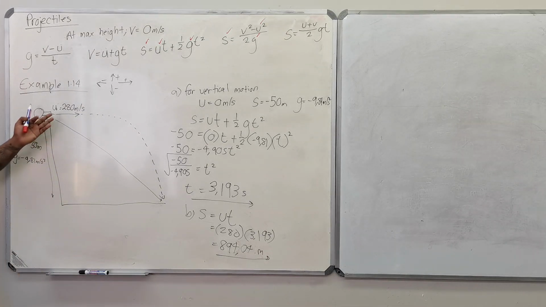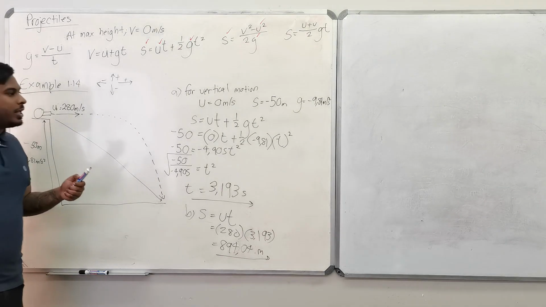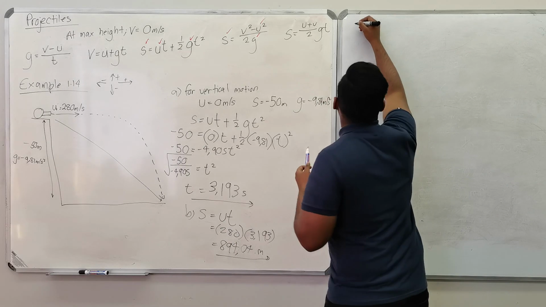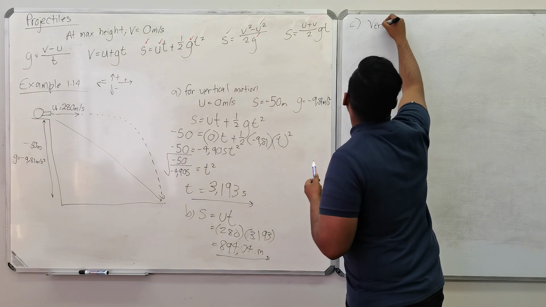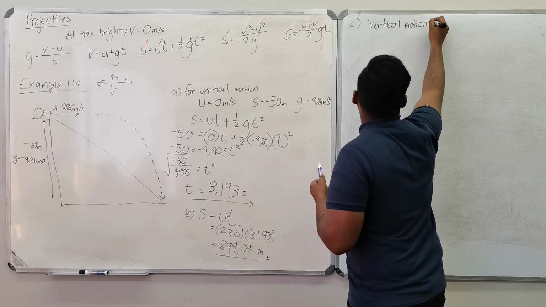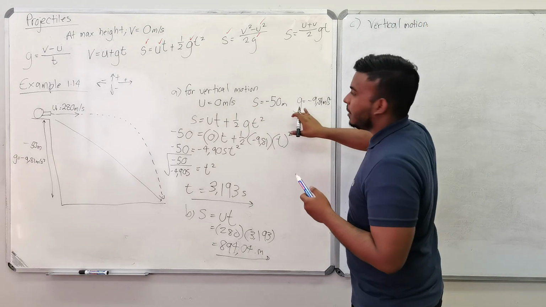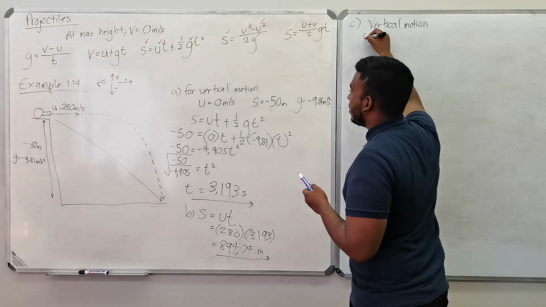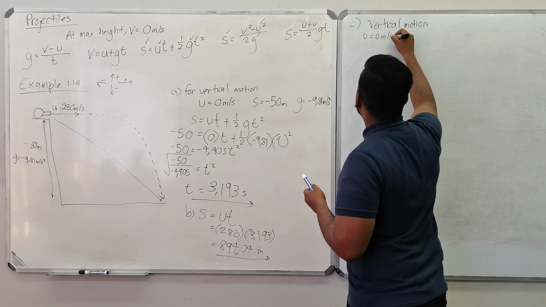Well, we actually do know that, right? Okay, so let's work it out. Let's go for vertical motion. For vertical motion, we know this information. We know u is equal to 0.